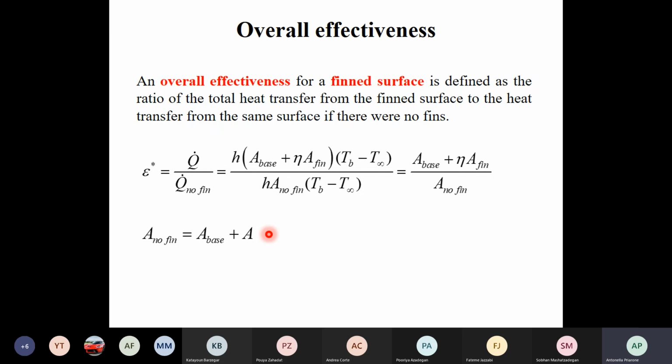If I have 10 fins on this base, I have the area of the base plus 10 times the cross-section of one fin. Again, temperature difference and H coefficient. Simplifying the different terms, I obtain an expression which depends only on the area and on the efficiency of the fin.